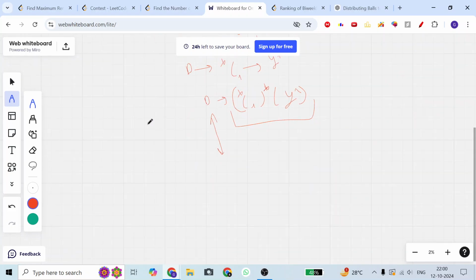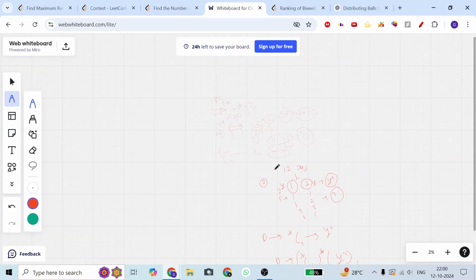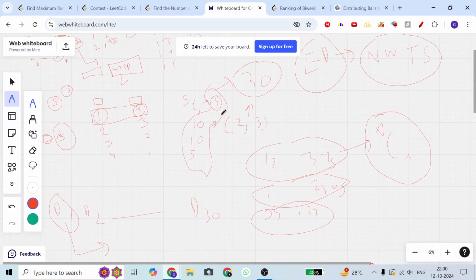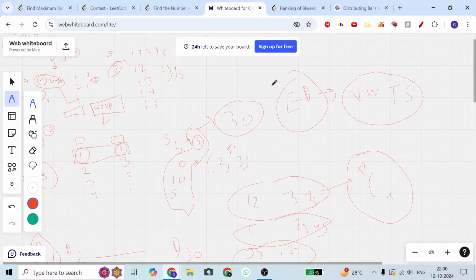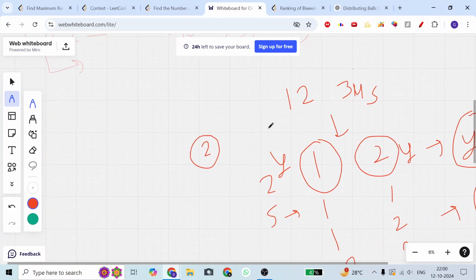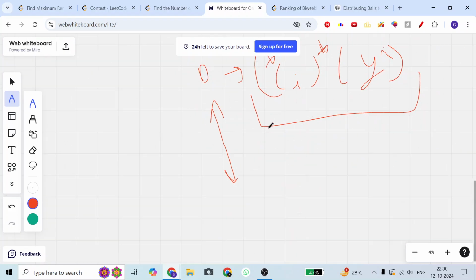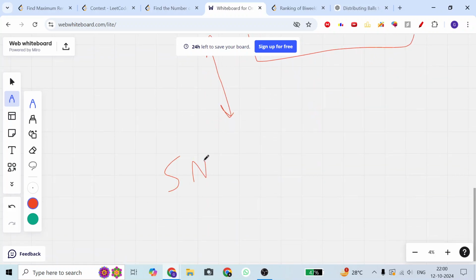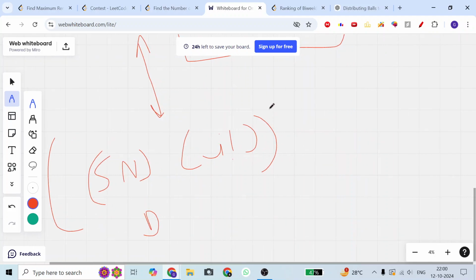So how many divisions do I have? Here I have 30 divisions. So what is this 30? Nothing but my Stirling number into i factorial. So these are my divisions possible, into x C i.